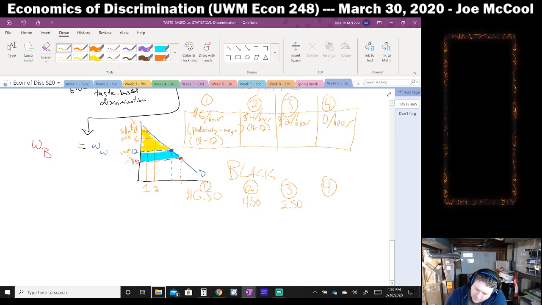The fourth worker is going to be 50 cents. And the fifth worker would cost you money, so you'd be negative 150. So we wouldn't hire that one. So we would still hire the same number of workers, just pay them less, and then you get an extra $2 per hour of profit, right?